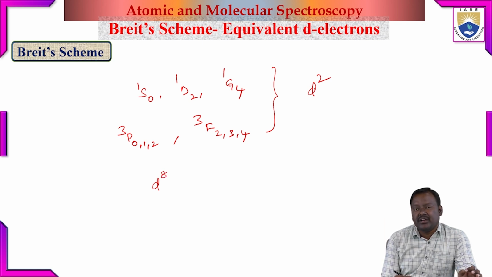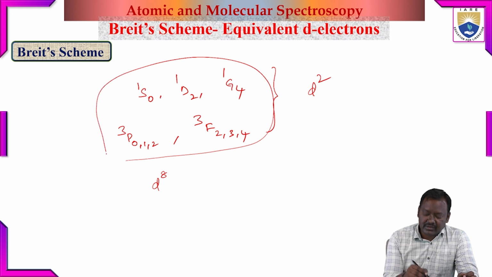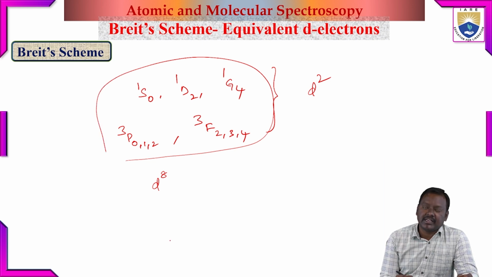Whenever there are 8 electrons in the D subshell, the same spectral terms will exist for those 8 electrons, whatever the principal quantum number.